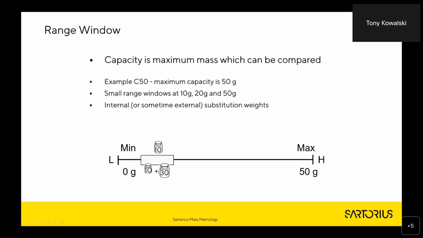Or sometimes these weights could actually be applied externally as well. But mostly you won't see many manual mass comparators that have such range windows anymore. It's either continuous or continuous with an internal substitution weight.